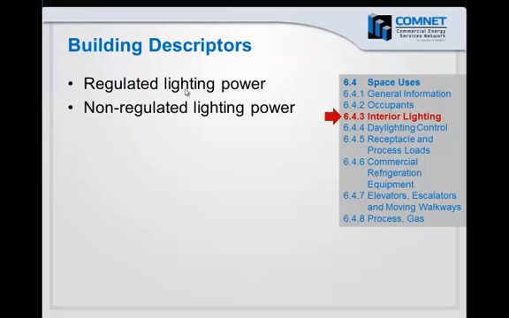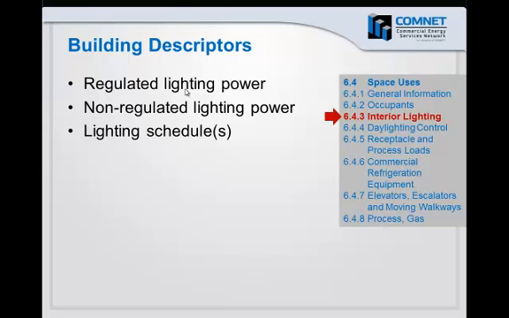The user also has to enter the non-regulated lighting power. These are things like lights over dental chairs and grow lights and things like this that are exempt from 90.1, and they show up equally in both the baseline building and the rated building.